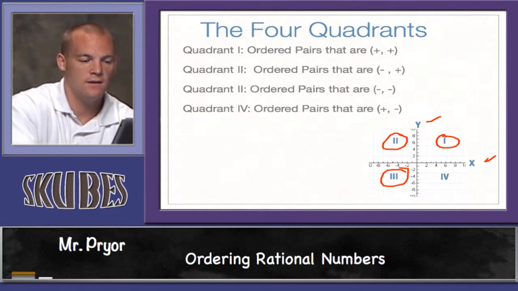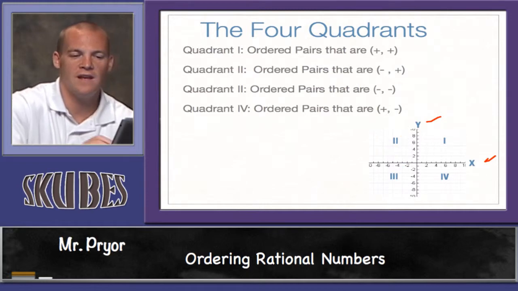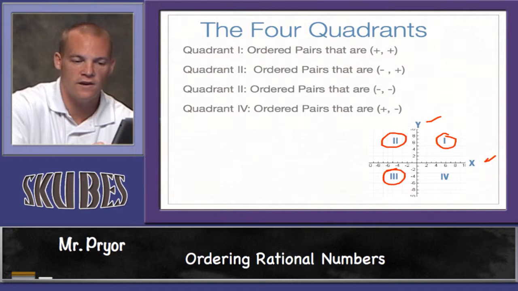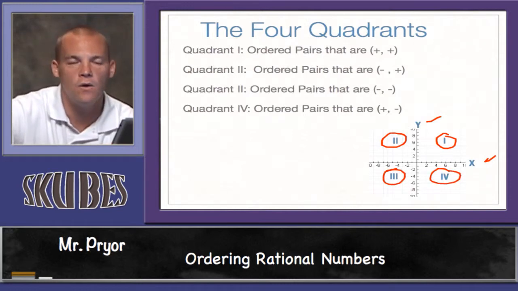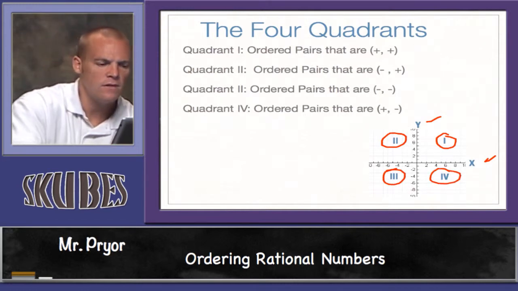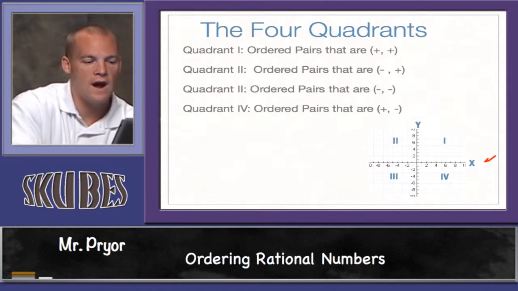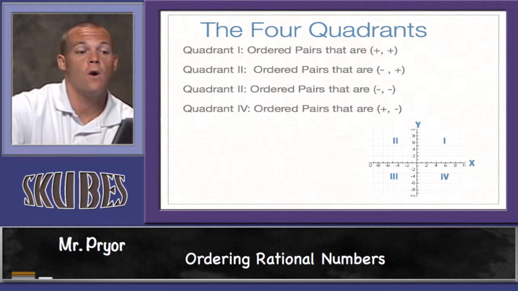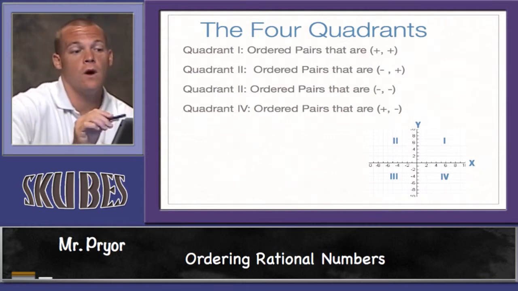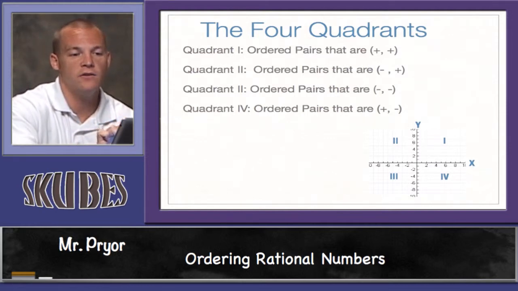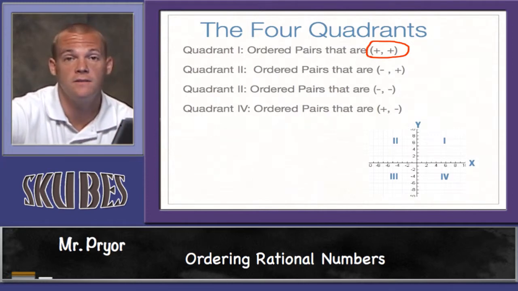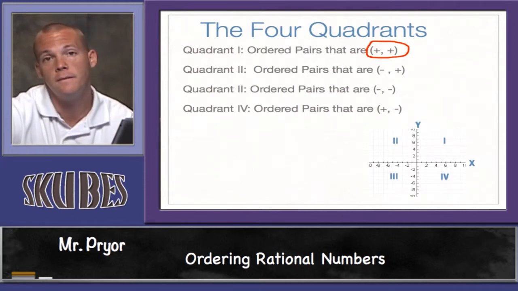The only way students really get confused is that it runs counterclockwise, and we're not necessarily used to things running counterclockwise. But 1 is always in the top right. What you see above that is basically why they are what they are. Quadrant 1 is considered quadrant 1 because both values will be positive. When the two numbers in your ordered pair are positive, they will always end up in quadrant 1.